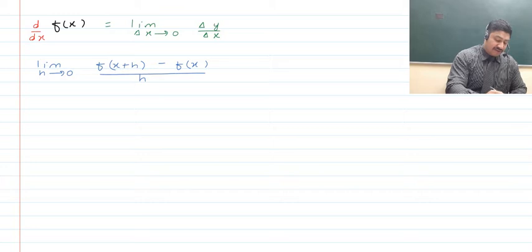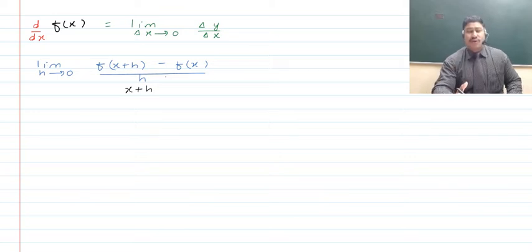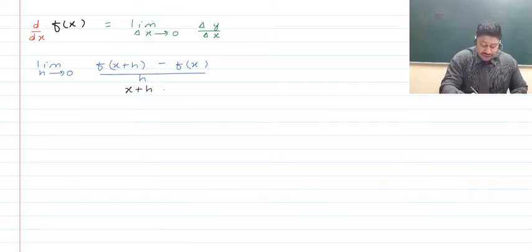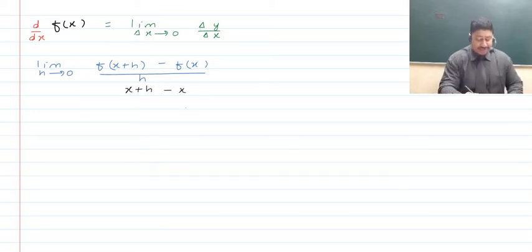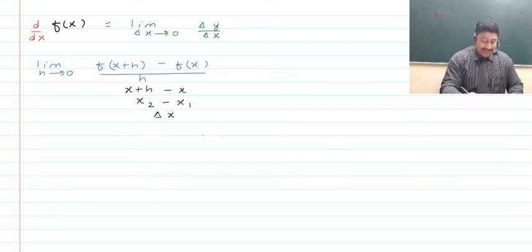If we try writing this h, we can write it as x plus h, which is a later value of the independent variable, from which the earlier value x is subtracted. As such, h comes out to be the change in the value of x, or in other words, x2 minus x1, which can also be written as delta x.